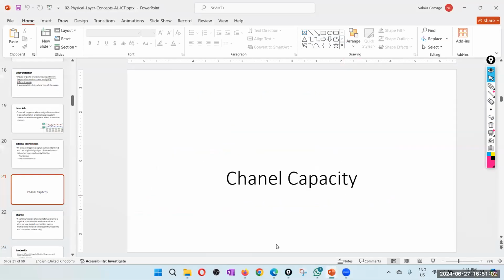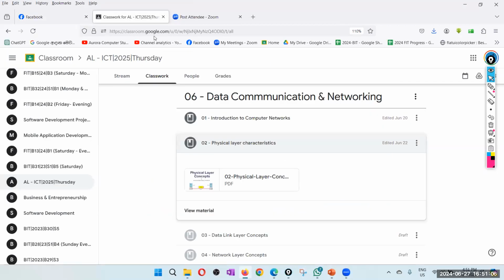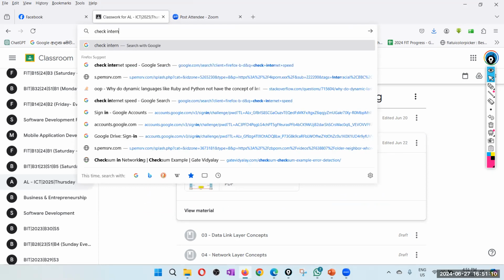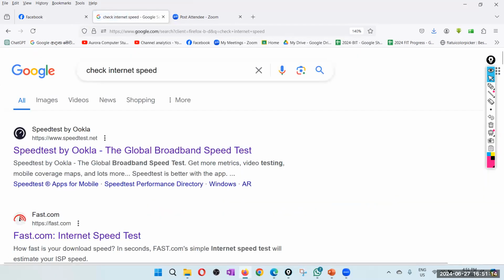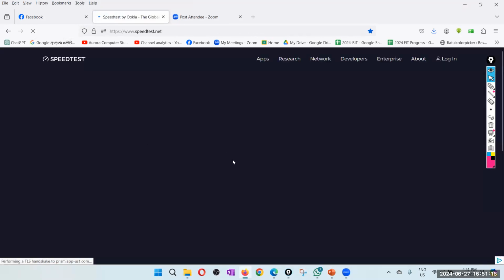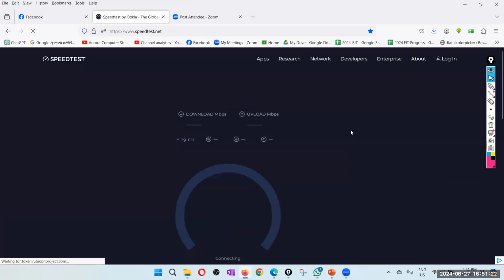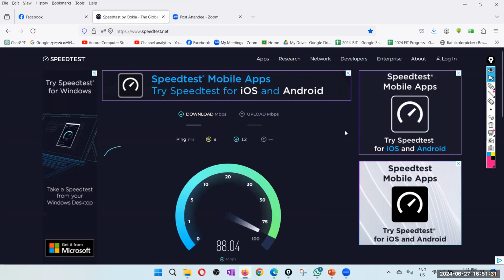For example, say check internet speed. There are online tools also, so you may be using these things. It gives you your download speed and upload speed after sending some test data signals here and there.